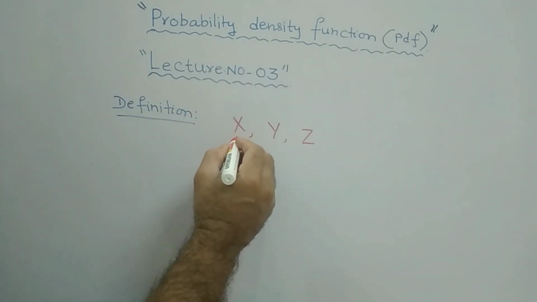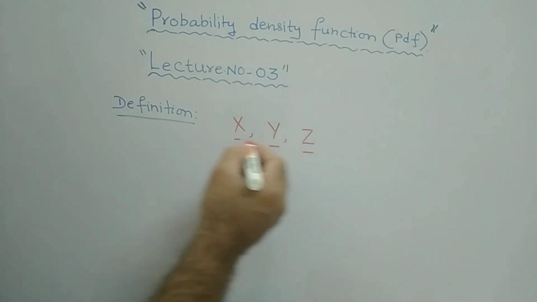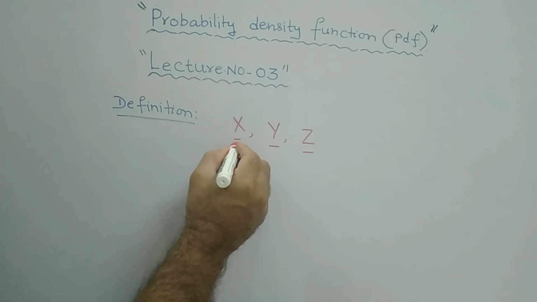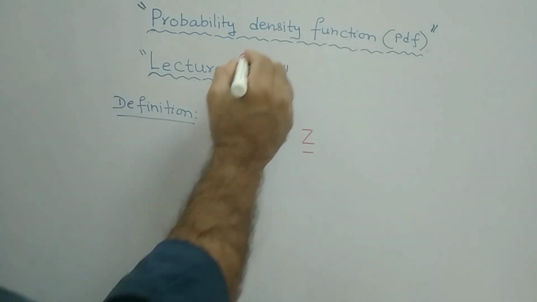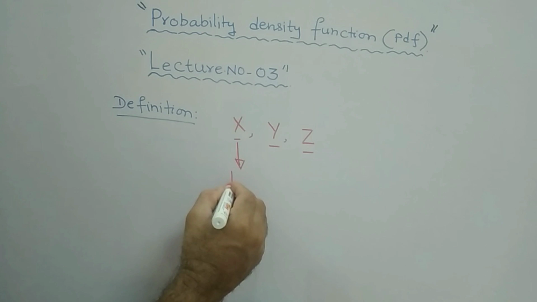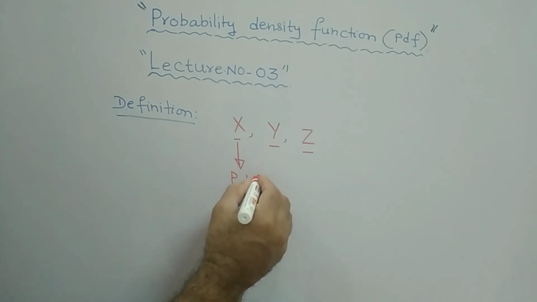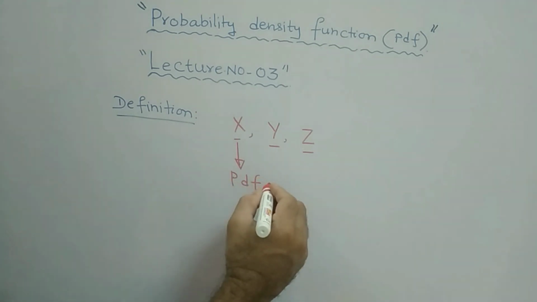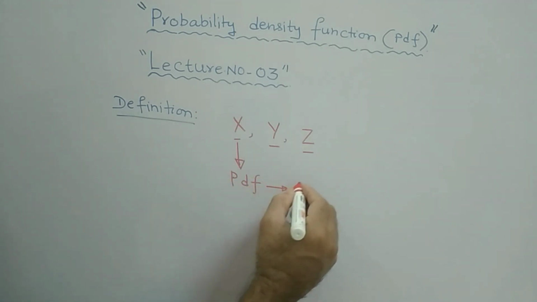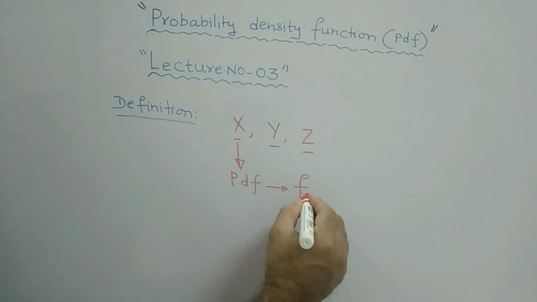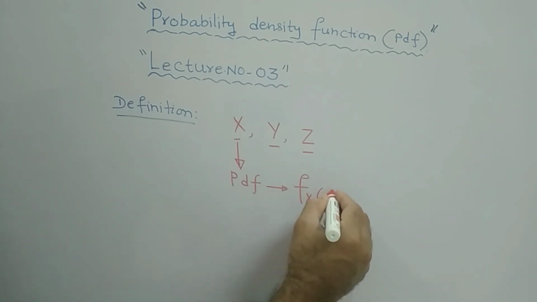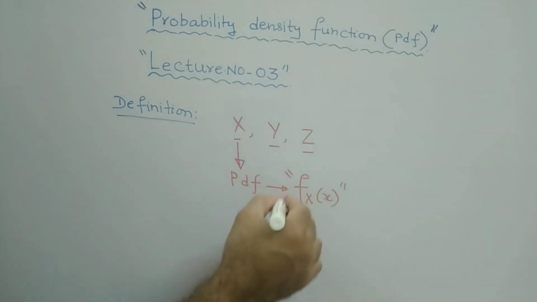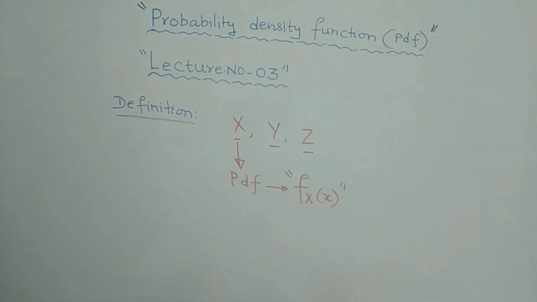Therefore, for any given random variable, consider either X or Y or Z. Its corresponding probability density function is denoted by small pdf. Always remember small pdf, that is probability density function, and further it is denoted by small f of x. This is the mathematical representation of a probability density function.